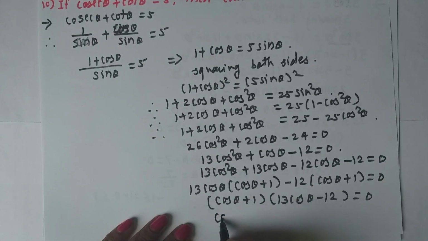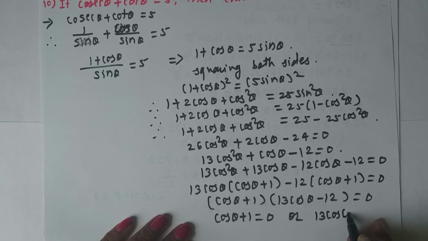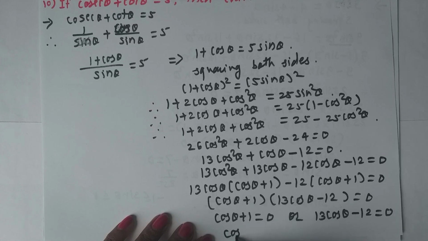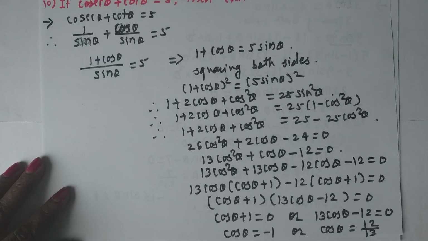Now here either cos theta plus 1 will be 0 or 13 cos theta minus 12 will be 0. If this is 0, then I will get cos theta is equal to minus 1. And if this is 0, then I will get cos theta is equal to 12 upon 13. Then what will be the value? See, sec theta is a reciprocal of cos.